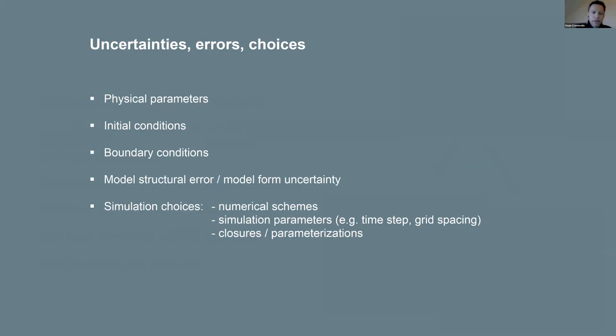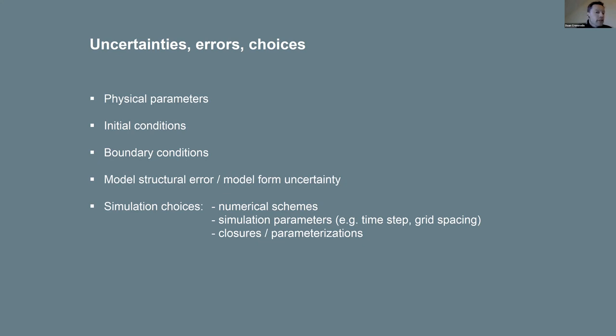Now, if we go more generally to the topic of uncertainties, when you model and simulate fluid flow, and I guess all kinds of other systems, there are uncertainties and errors and choices to be made. And I've listed some of the main ones here. Maybe you've seen a list like this already in one of the earliest talks, which I had to miss, unfortunately.